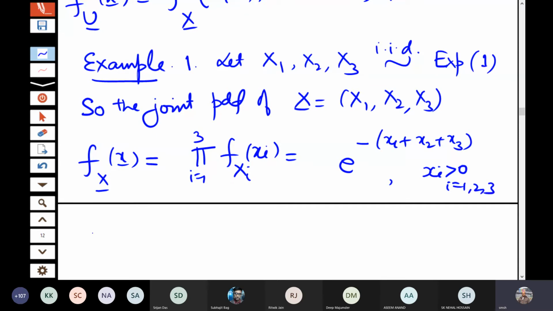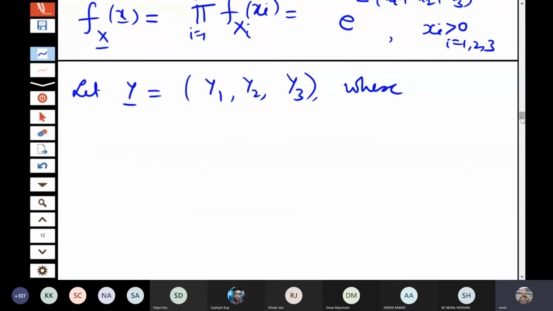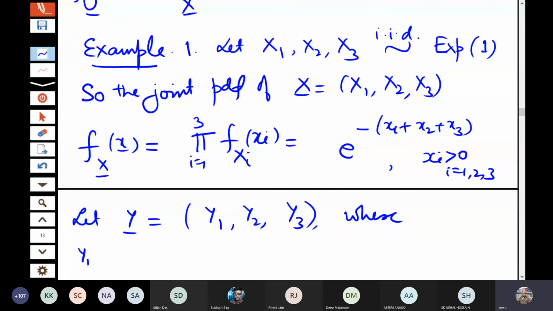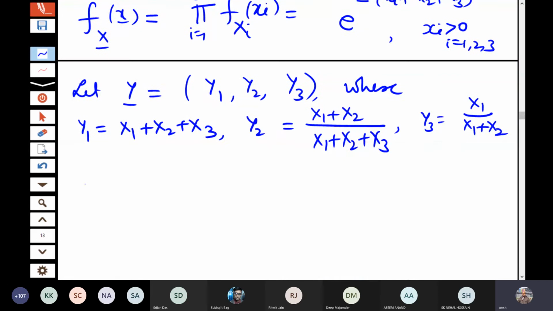And I am defining a function, Y equal to Y1, Y2, Y3, where Y1 is equal to X1 plus X2 plus X3, Y2 is X1 plus X2 divided by X1 plus X2 plus X3, and Y3 is X1 divided by X1 plus X2.